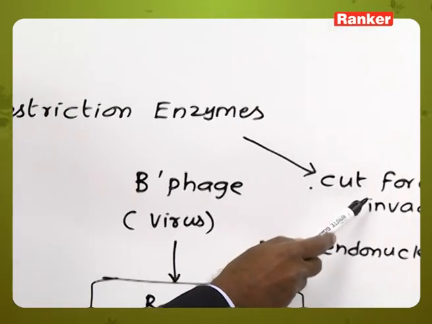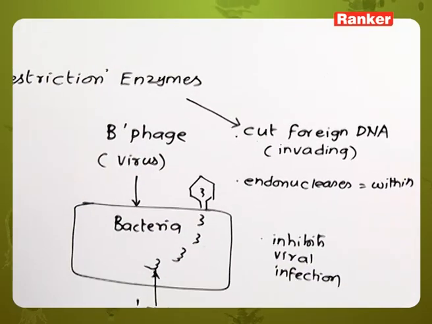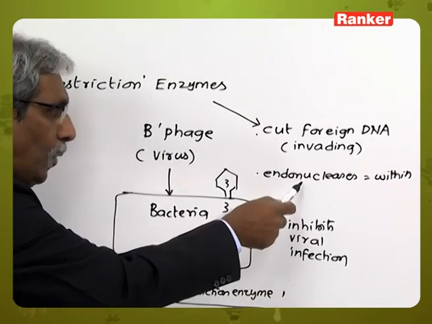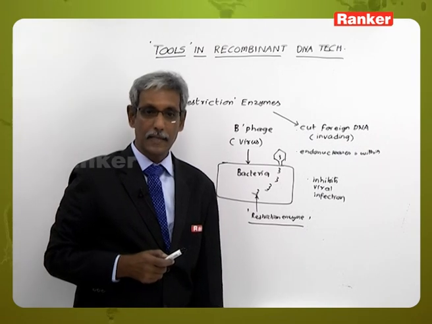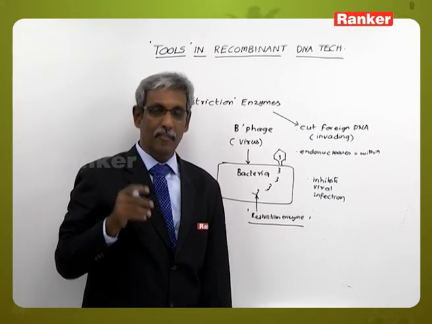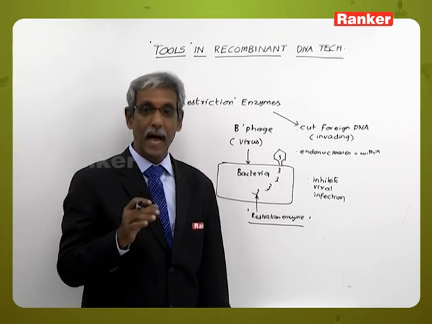They cut the foreign DNA, and that's why they restrict the movement of the foreign DNA. Because they cut within the DNA, they are termed endonucleases.